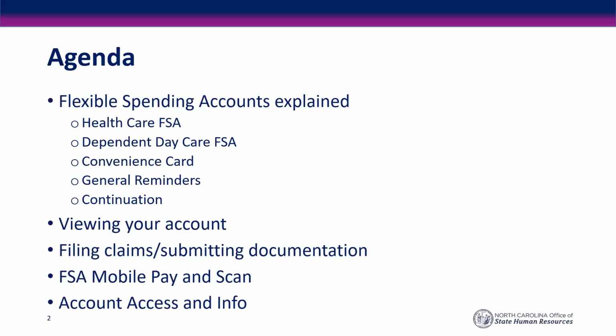And so we're going to talk about what they are, how they work, the two different kinds, how the convenience card works, general reminders about the plans, continuing them when you leave, how to view your account on the PNA website or the mobile app, filing claims when you need to or submitting documentation, FSA mobile pay and scan, and accessing your account and information.